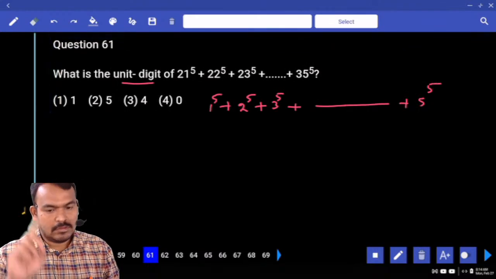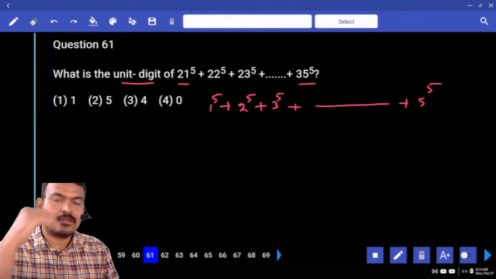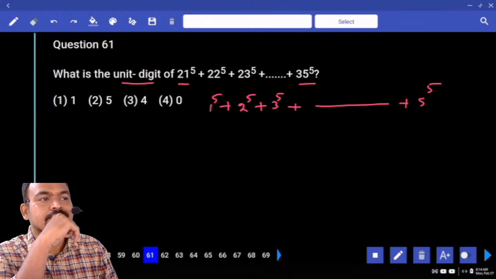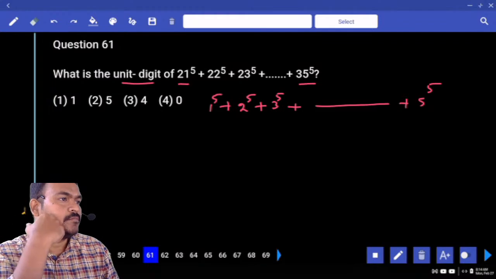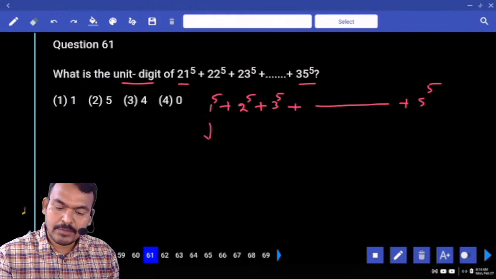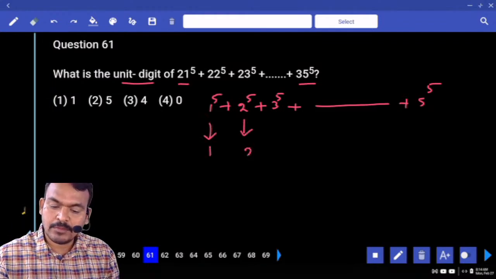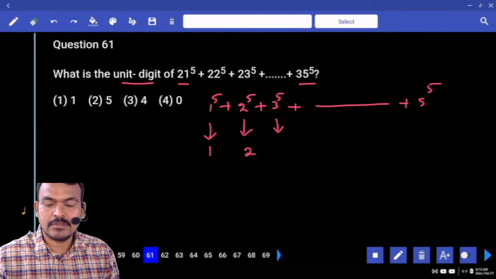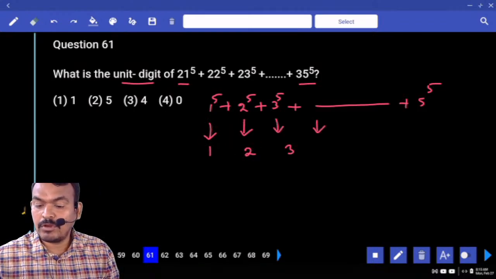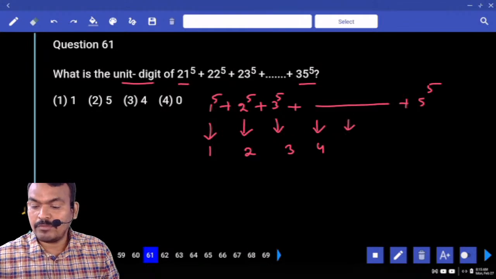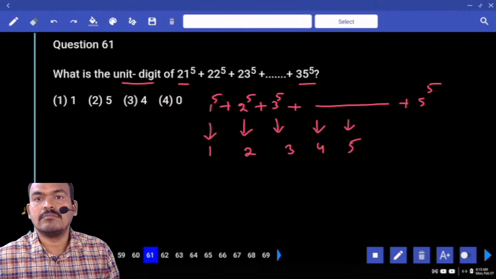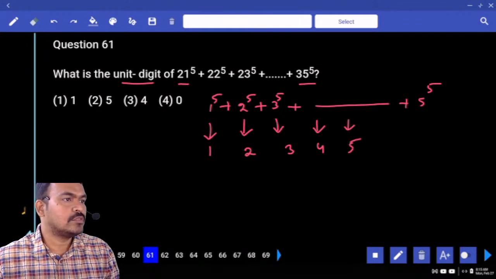From 21 to 35, in total how many numbers? 15 numbers. 1 power 5 means 1. 2 power 5 means 2. 3 power 5 means 3. 4 power 5 means 4. 5 power 5 means 5.